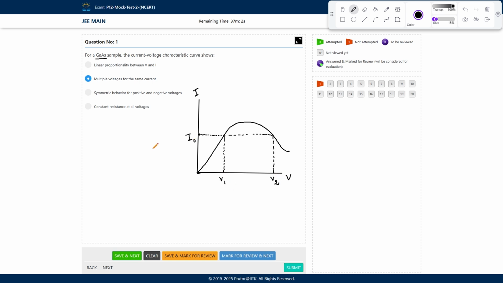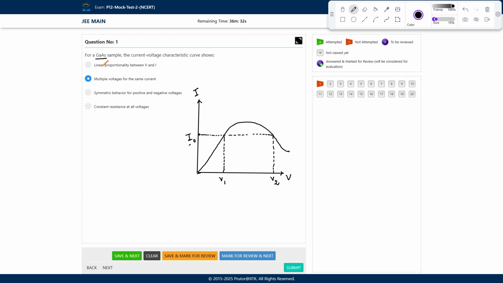This is the VI characteristic for gallium arsenide, which is non-unique, meaning there is not a unique value of voltage for a unique value of current. So for a gallium arsenide sample, the current-voltage characteristic curve shows multiple voltages for the same current.